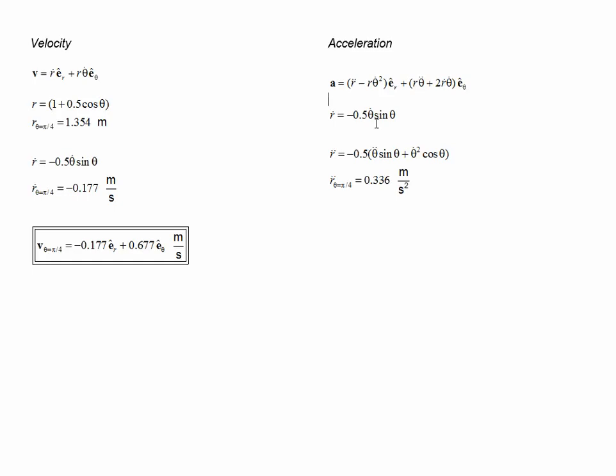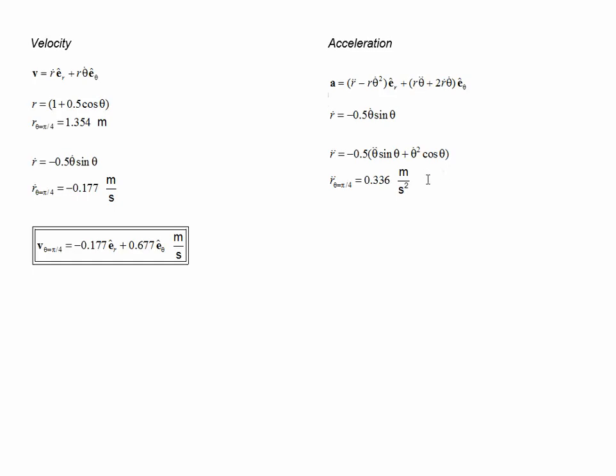So the product rule is the derivative of the first times the second plus the derivative of the second times the first. So the derivative of the first is theta double dot times the second, which is sine theta. Derivative of the second would be cosine theta, theta dot. And then we're going to multiply another theta dot. So we have theta dot squared cosine theta.